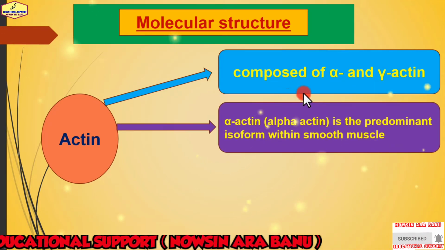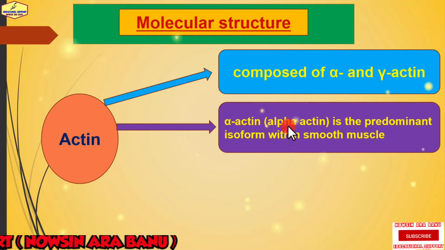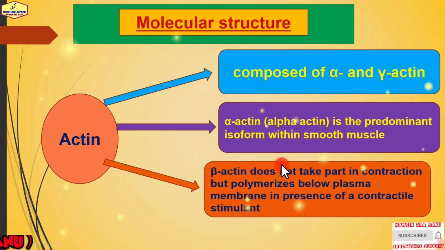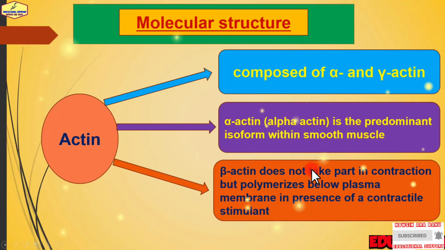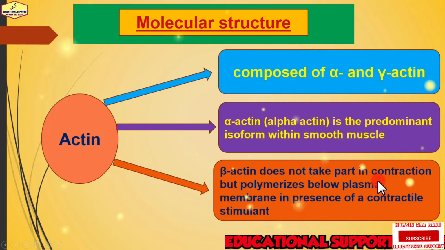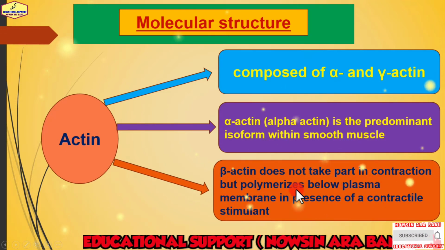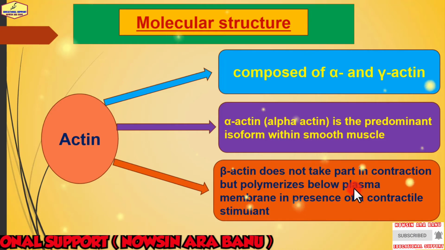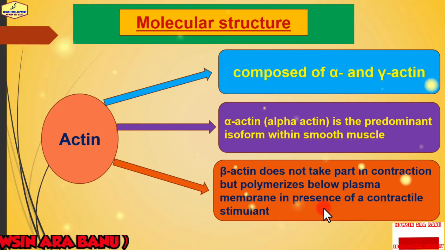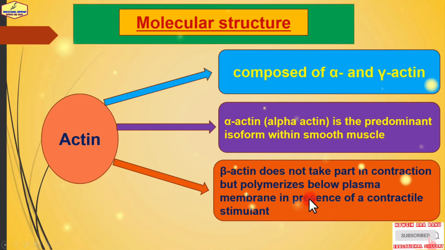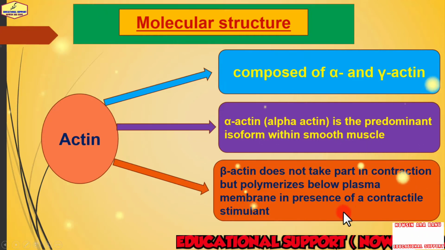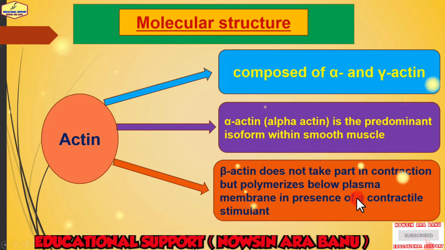There is also lots of actin, mainly beta actin, that does not take part in contraction but that polymerizes below the plasma membrane in the presence of contractile stimulant and may thereby assist in mechanical tension.